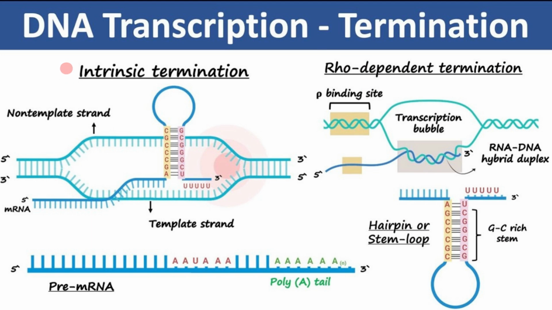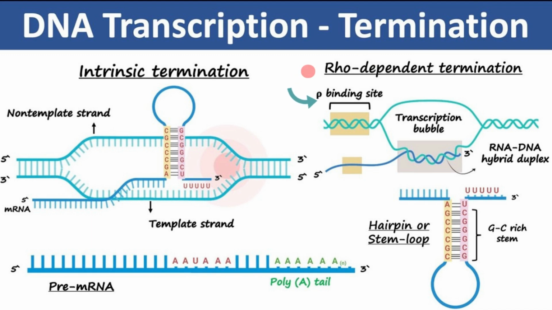Also, this same region, where we have the G and the C, is where the pausing of the RNA happens. The other type of termination is the Rho-dependent. As the name suggests, it is dependent on Rho, so it requires the assistance of a protein called Rho.